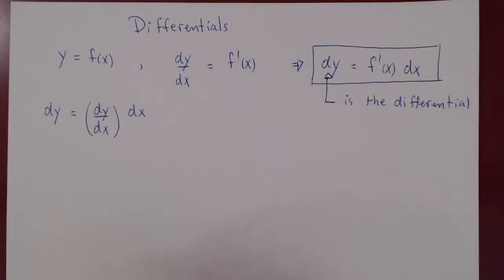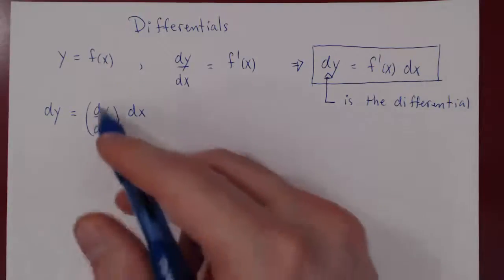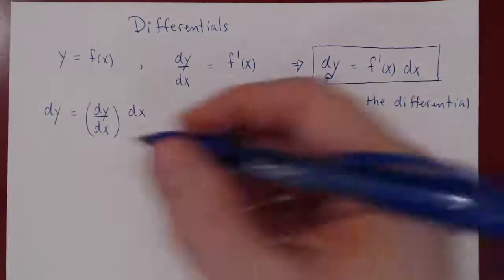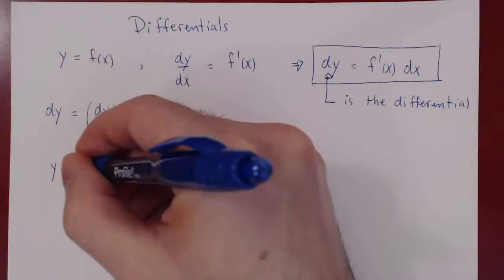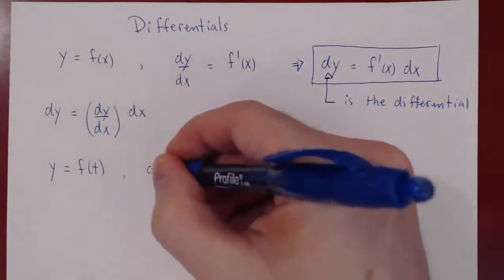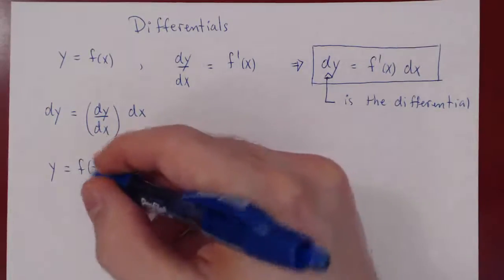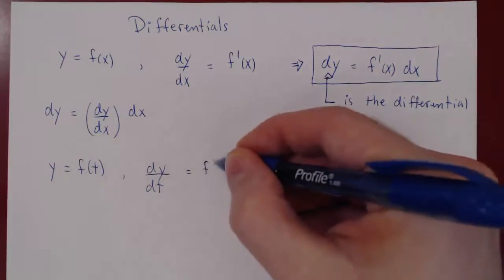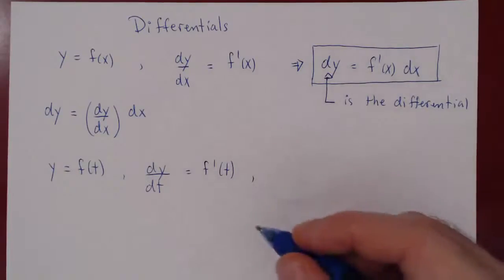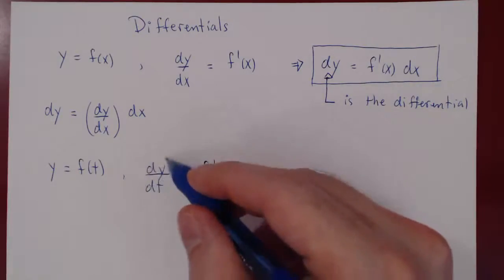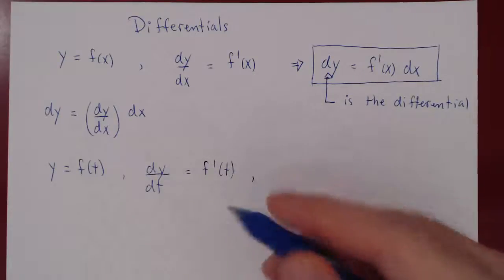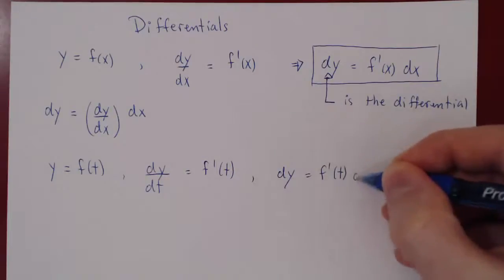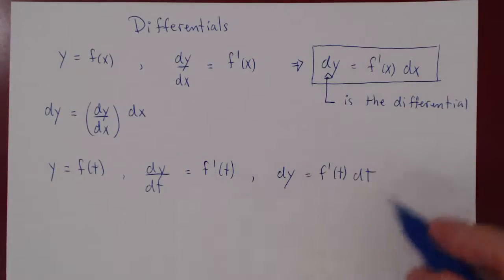You could ask, well, what if we had the function of, let's say, t instead of a function of x, and what would be the differential, right? Well, if y was a function of t, you would differentiate y with respect to the independent variable t, so it'd be just dy over dt, and that's f prime of t. The differential always is just a change in y, so multiply across by dt, so dy is simply f prime of t dt, and once again you have the differential.